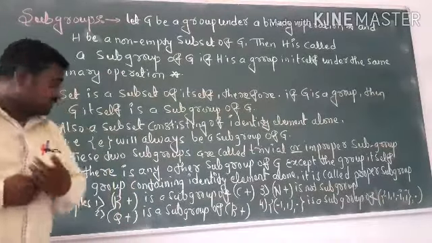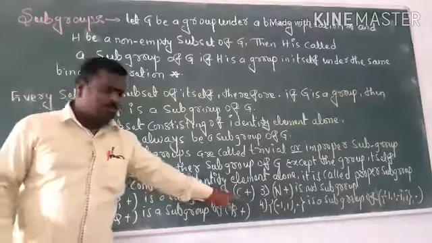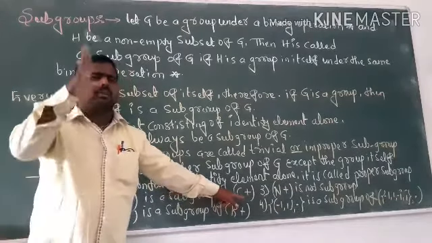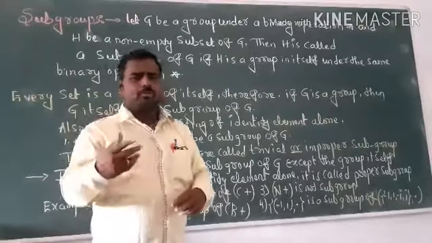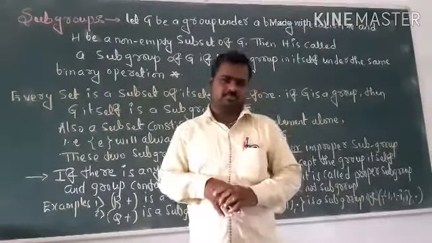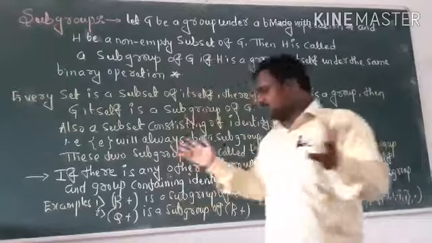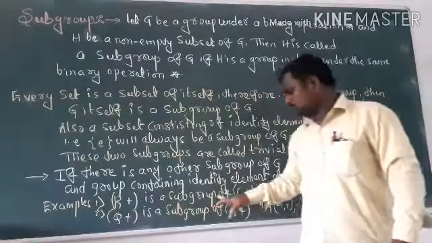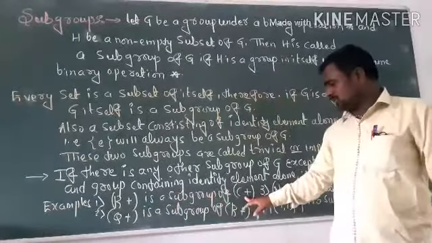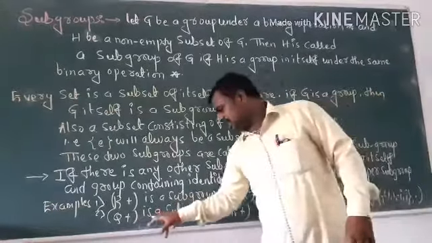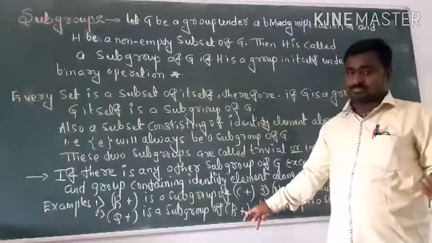Those are the examples. I hope you know that the complex number set is very important; it is a kind of biggest set here. The real numbers are included. Look: R plus is a subgroup of C. Likewise, Q plus is a subgroup of R plus.